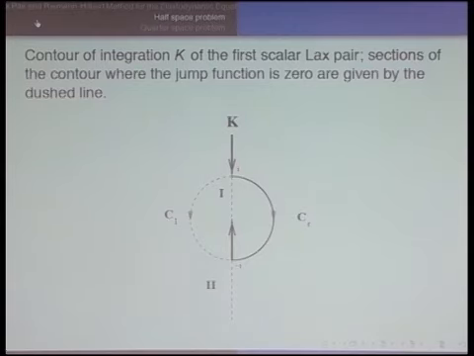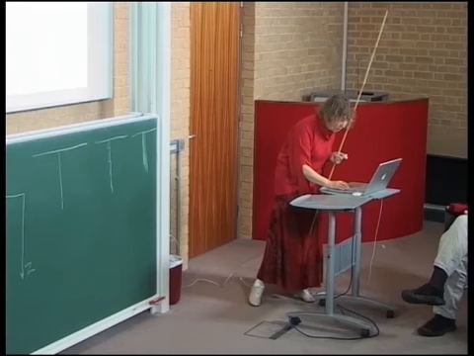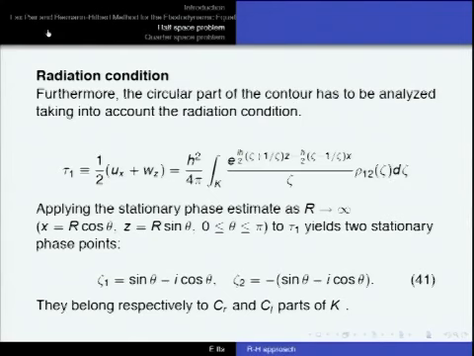And then we realized that actually the Sommerfeld radiation condition plays more or less the same role for the circular part of the contour, and it will allow us to get the equation which is equivalent to the global relation for this part. Now let's see how it happens.